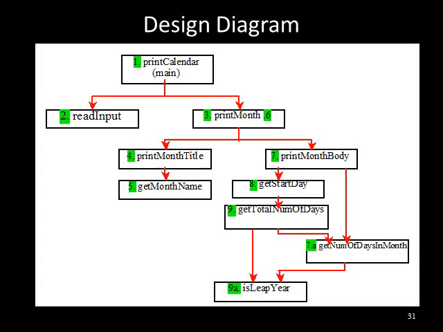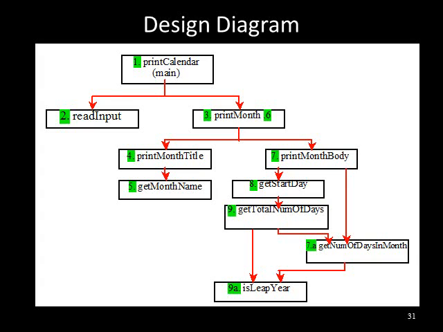So note in our final design, the top module, print calendar, is our main. The main will invoke read input, or read input may be implemented in main, and it will invoke print month. Print month, in turn, will invoke print month title and print month body. And we continue down the design.